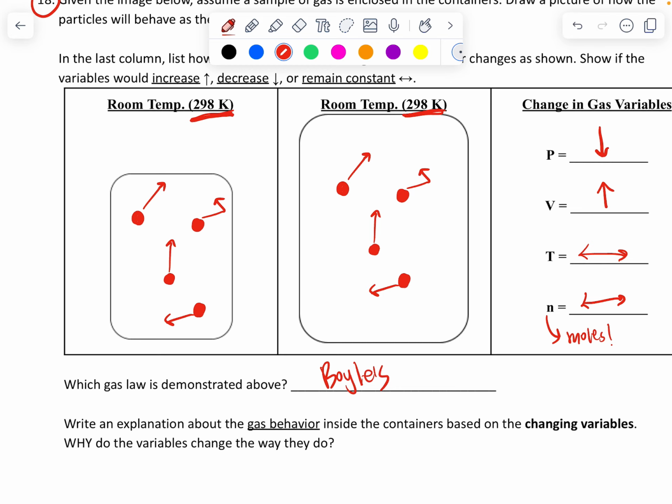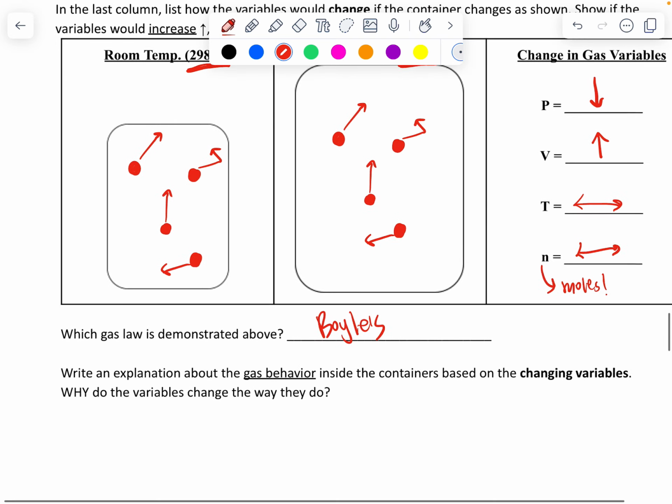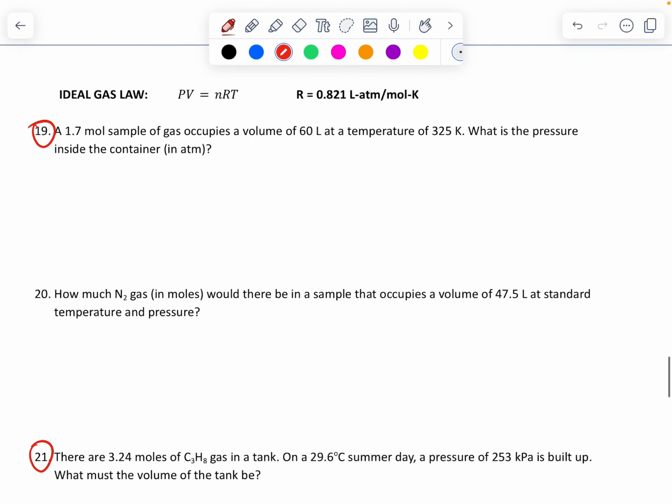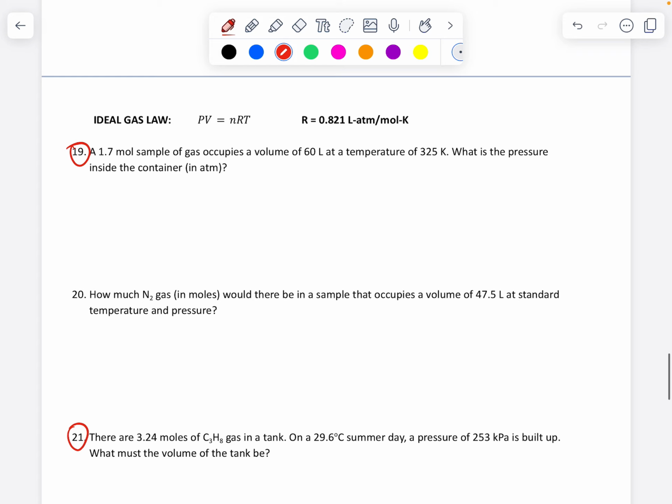Therefore, these gases have a pretty difficult time finding the walls of the container because it's so big. That's why they're not hitting the walls as frequently as they did before, lowering the pressure. Okay? I know, mouthful.